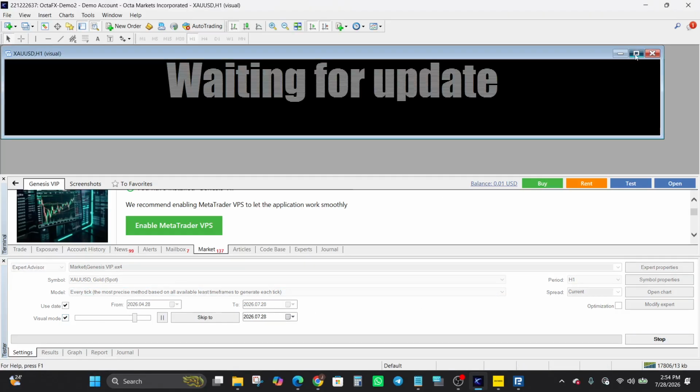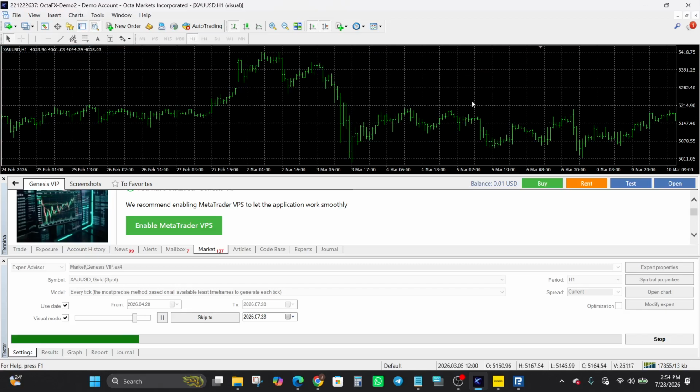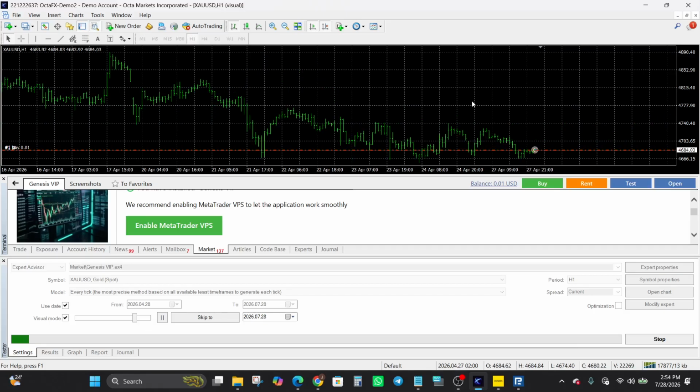Historical tests rely on historical market conditions and broker data, whereas real market execution involves variable spreads, slippage, and broker execution speeds. Furthermore, the developer explicitly notes that marketplace screenshots and backtests often reflect optimized parameters.